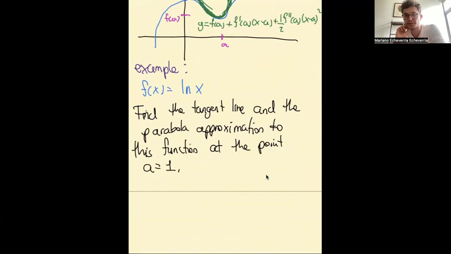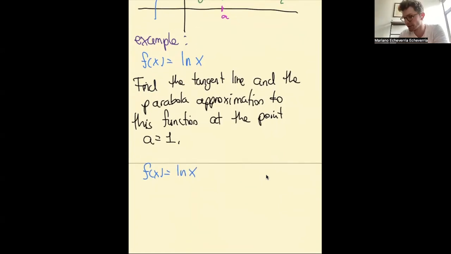Okay, so for that we are just going to use these two formulas, but for that we need the formulas for the first and second derivatives. So f of x equals the natural log of x. So what's the first derivative? Anyone remembers?